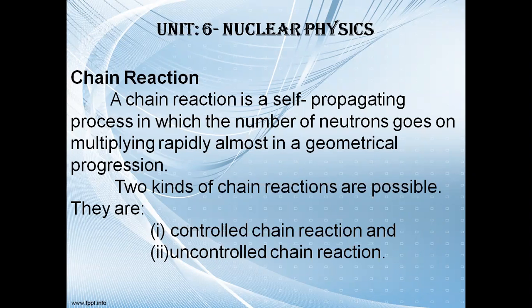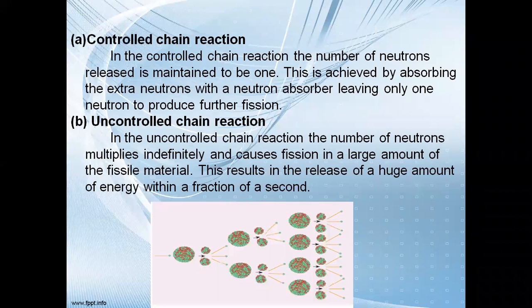The first one is the controlled chain reaction. In a controlled chain reaction, the number of neutrons released is maintained to be 1. This is achieved by absorbing the extra neutrons with a neutron absorber, leaving only 1 neutron to produce further fissions.